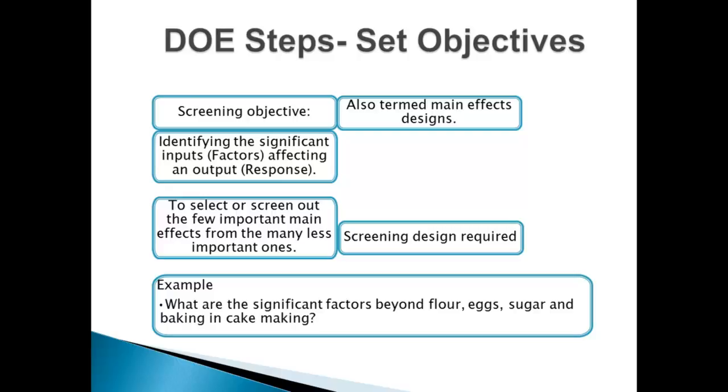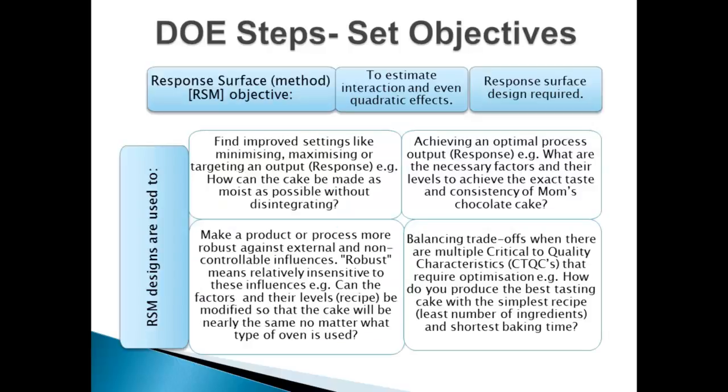If our objective is to find an improved setting, like minimizing or maximizing a response, for example, how can the cake be made as moist as possible without disintegrating? Or we want to achieve an optimal process output, or make a product or process more robust against external and non-controllable influences, or balance trade-offs when there are multiple critical to quality characteristics.